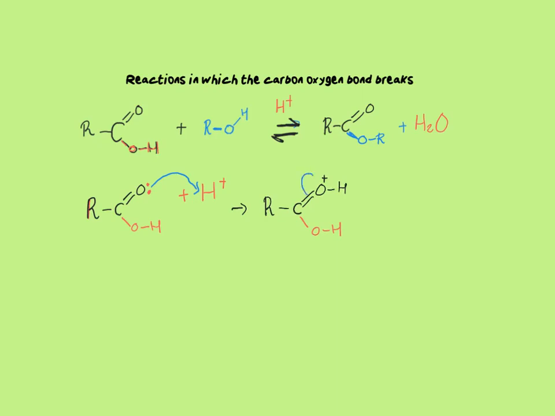The reaction is acid catalysed, where the lone pair of electrons on the carbonyl group accepts a proton. The protonated acid is now susceptible to attack by the alcohol. And here we have a complicated looking intermediate, where we have what's called internal proton transfer.